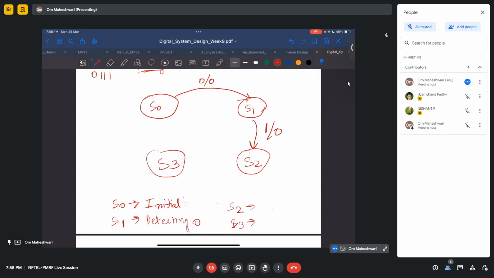S1 will be 0, S2 will be 0 1, S3 will be 0 1 1. हाँ, ये लिखा था ना, but it will still not solve your purpose, because इसके बाद अगर एक 1 आएगा, so who will detect it? That is what you want to detect, right? You have to detect 0 1 1, right?